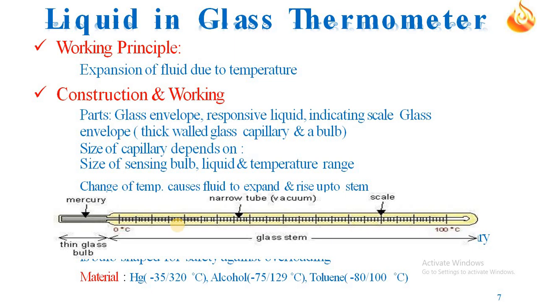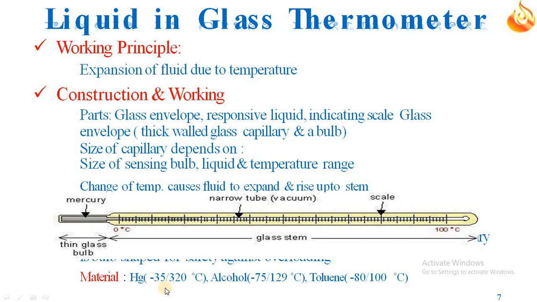The point at which the mercury level or the fluid level becomes stable, we mark that point and compare it with this scale, and we will get the temperature of that environment. So it has simple working, and no special skills are required for measuring the temperature by using this instrument.